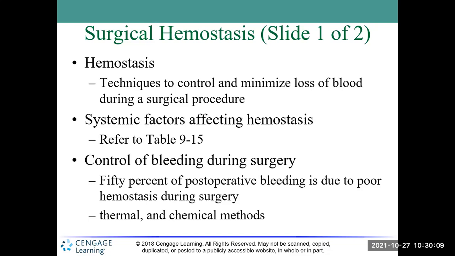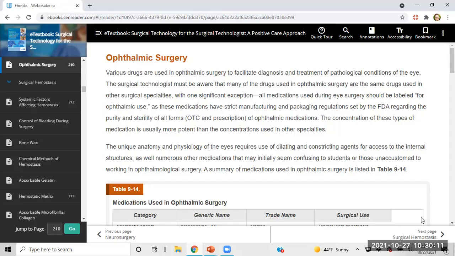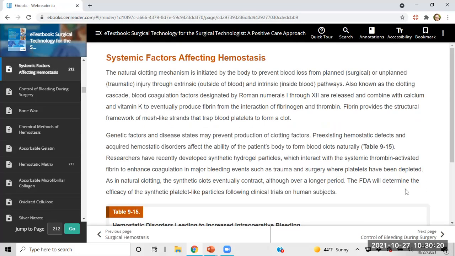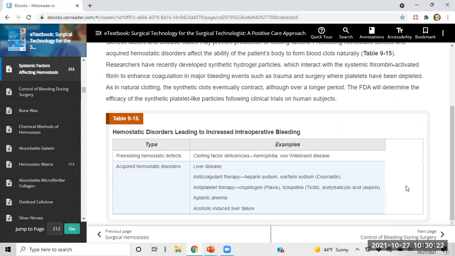All right, and then there are a lot of other factors that are going to affect that hemostatic state. So let's look at that. If they already have a clotting factor deficiency, this is something that is already existing. It's not brand new to the OR, you know about it before the case starts, and so you're prepared for that. So that's hemophilia or von Willebrand's disease.